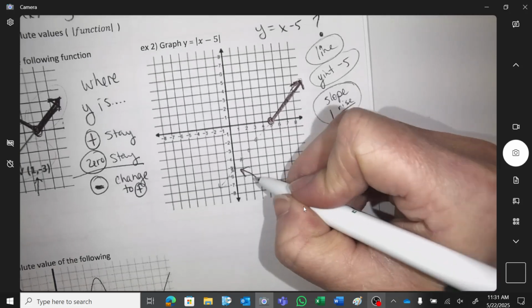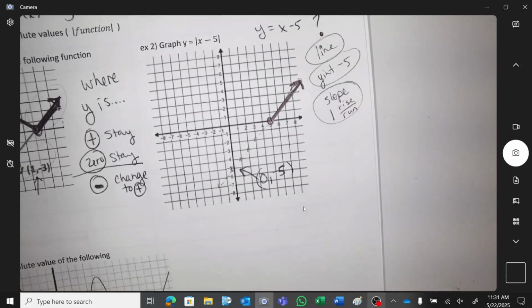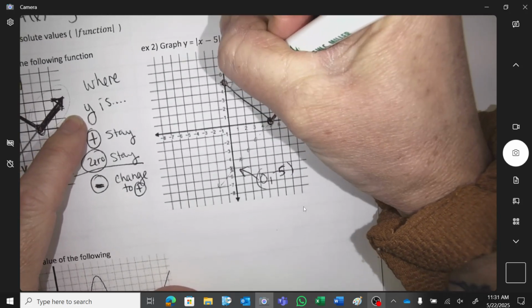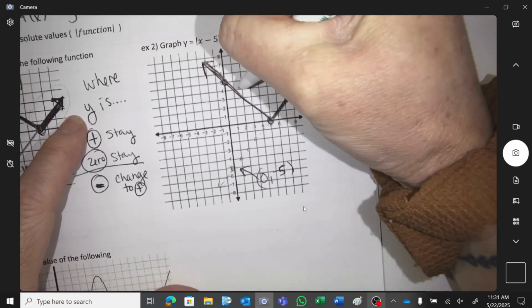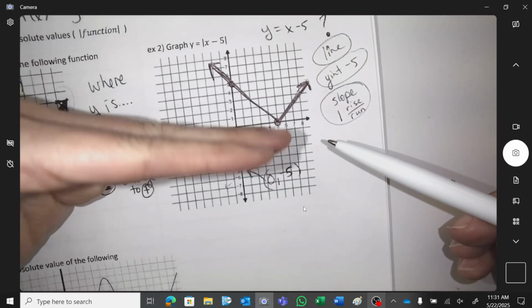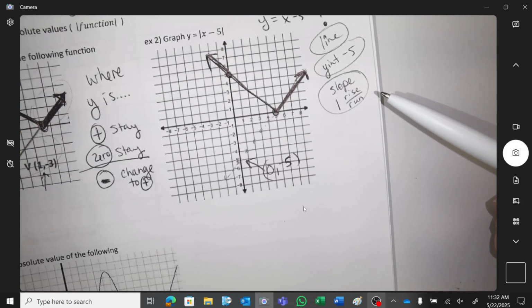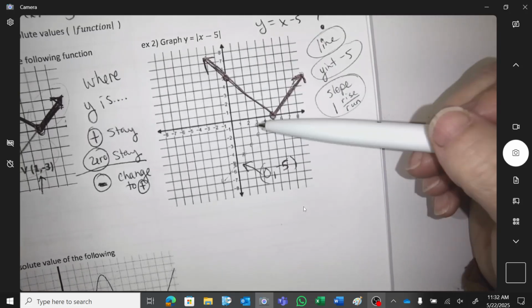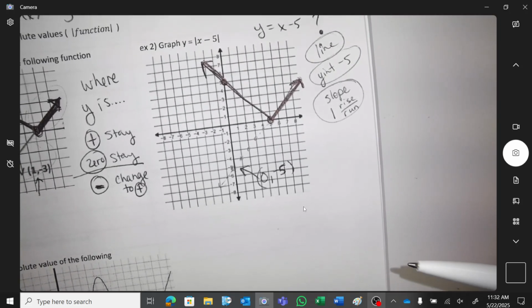For instance, 0, -5 would move to 0, +5. Okay, it's like a reflection, by the way, right? You see my reflecting? Negative to positive. And this is the final graph, so you can see which part I overlapped and which part I changed.